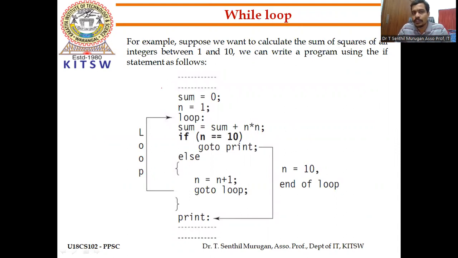How does a loop work? For example, we want to do the same operation multiple times, such as printing the values from 1 to 10: 1, 2, 3, 4, and so on. We have to execute the same statement multiple times. For that purpose, we use the loop concept.